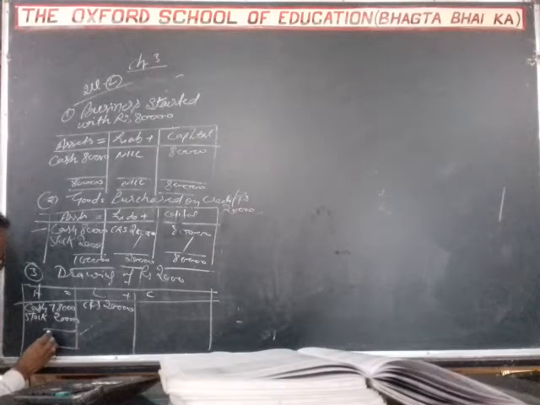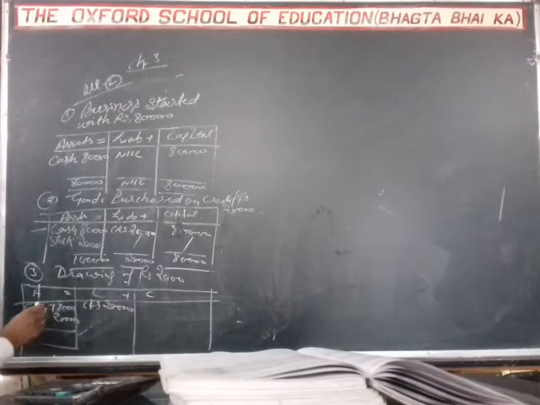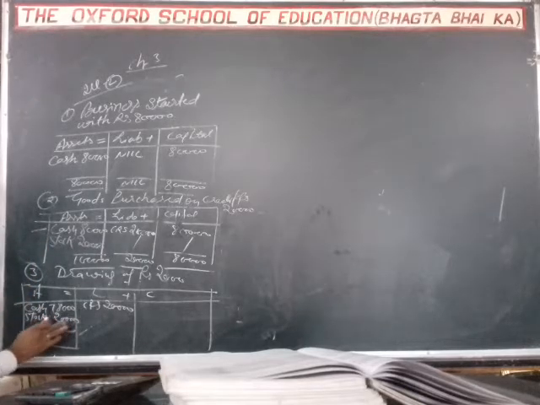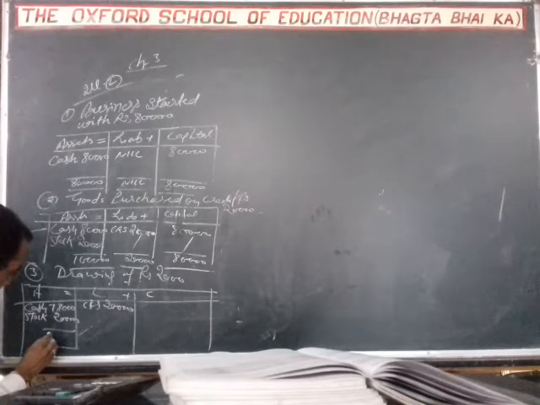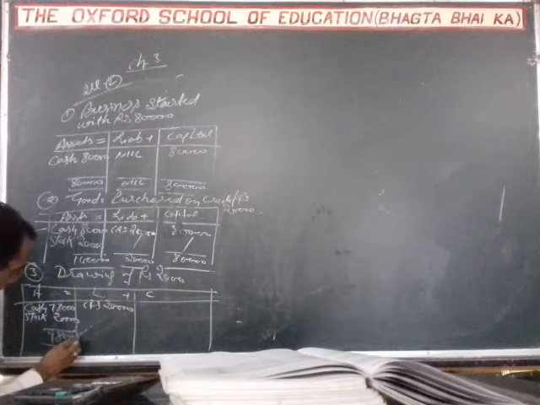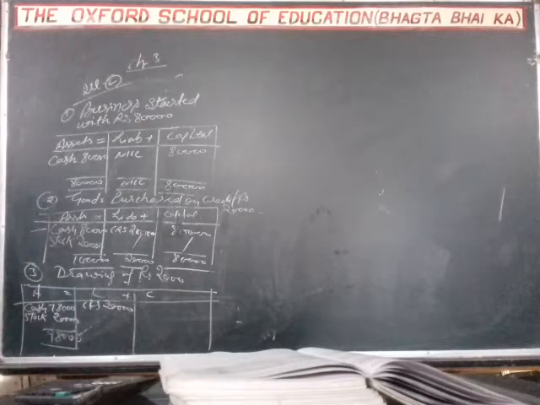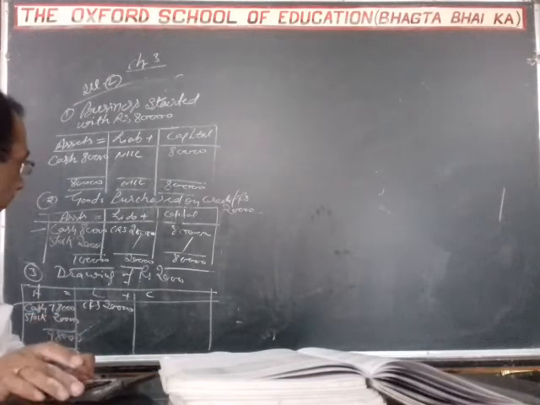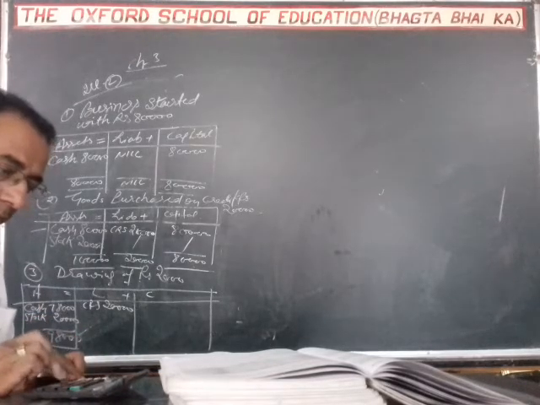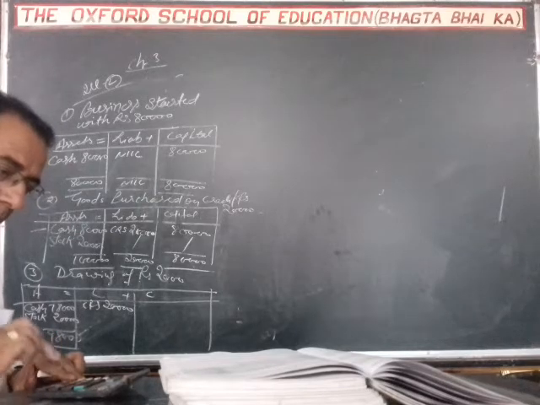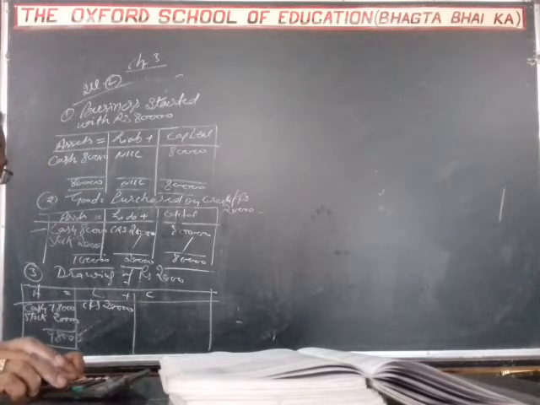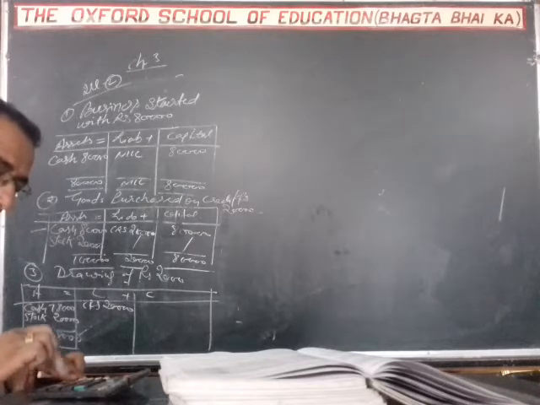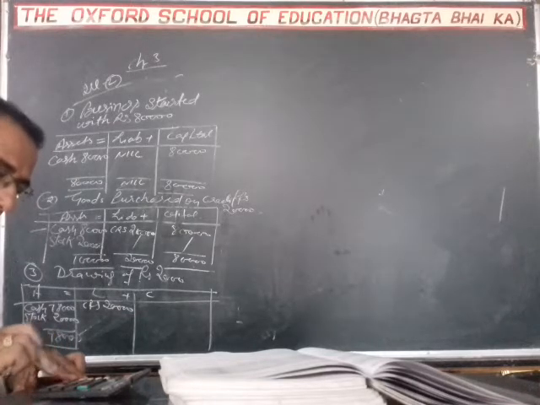Let me make the total. 80,000 minus 2,000 is 78,000 cash, and 20,000 stock.